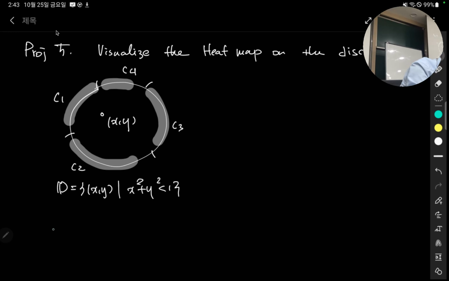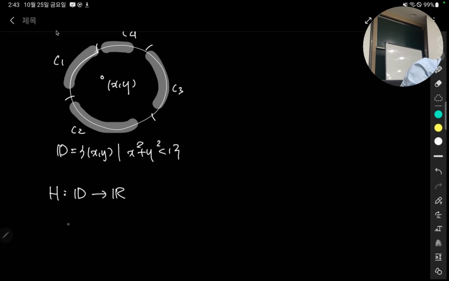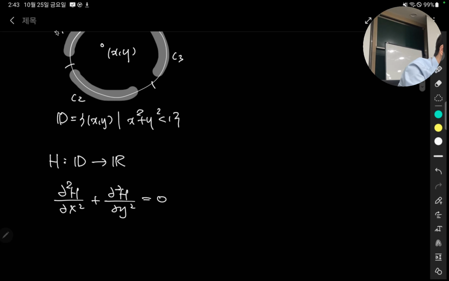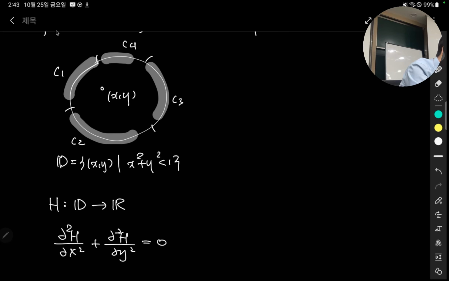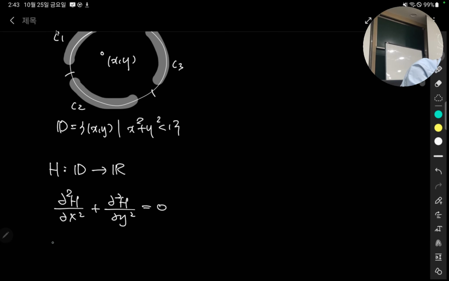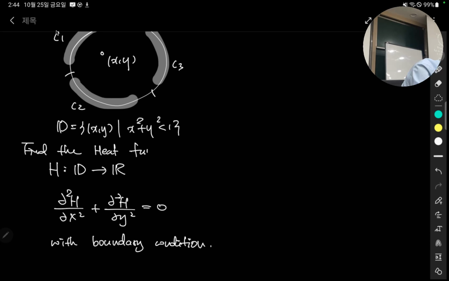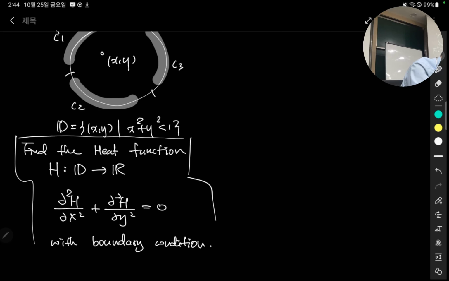So I want to find the heat map H on D to R, which satisfies the heat equation, and I want H to satisfy the boundary condition. So this is our goal.